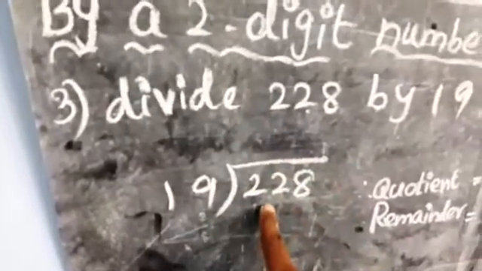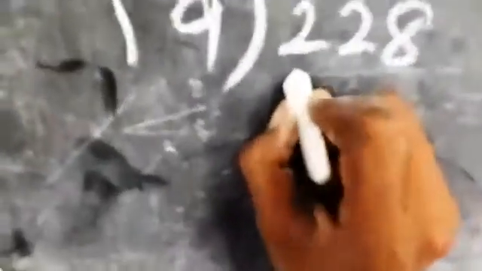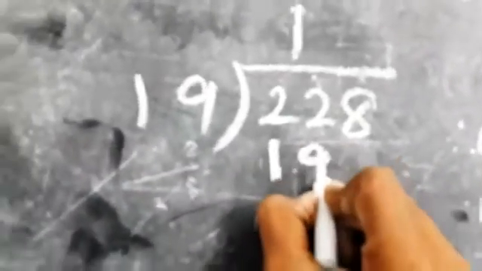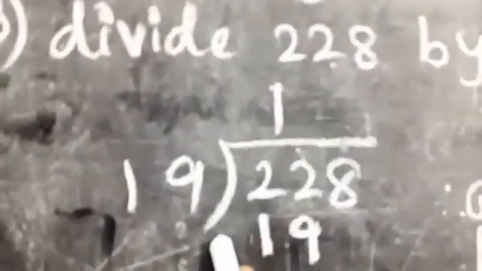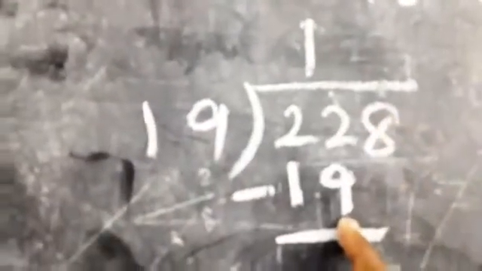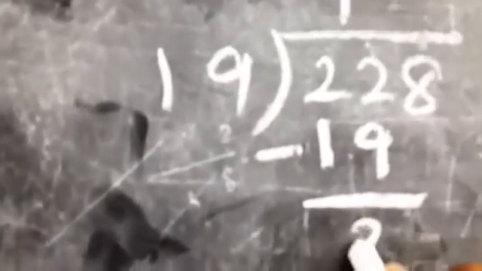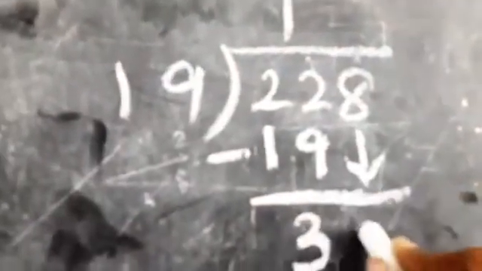How many 19s are there? Yes, only 1. 1 19 is 19. We subtract: 22 minus 19. Balance, yes, 3. Now bring down the 8.